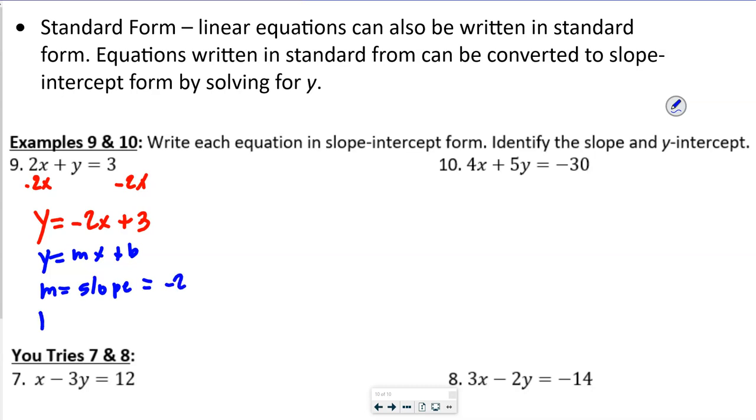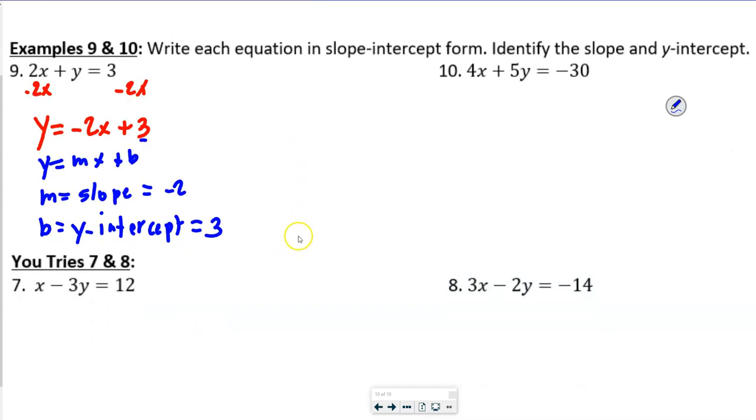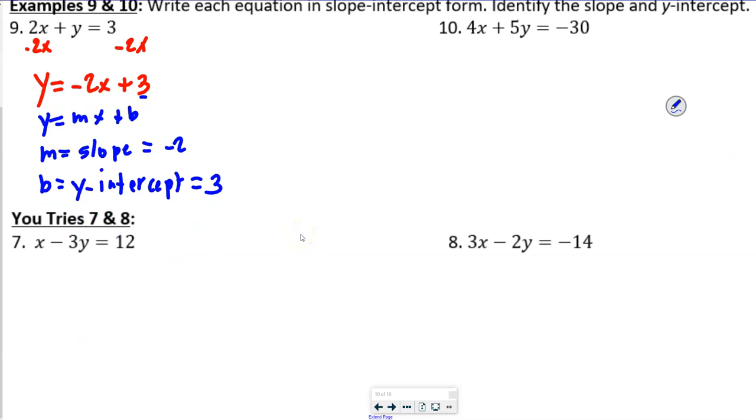And our y-intercept is our b, so that is right there, right? So that's going to be equal to 3, okay? So go ahead and do the you try underneath here, the you try 7, and come back to me when you're done.